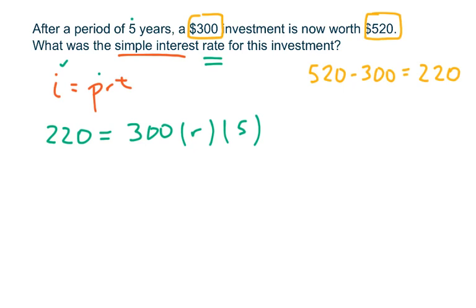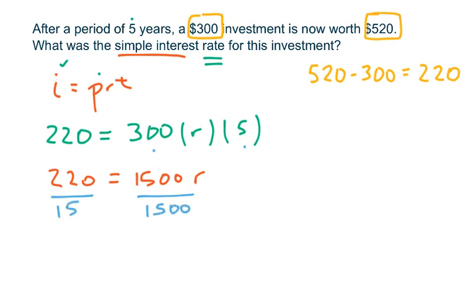The first thing I'll do here is simplify on the right hand side by multiplying the 300 by the 5, and I'll have 220 is equal to 1,500 times r. I'm one step closer to having this solved for r. The next thing I need to do is I got to try to get that r by itself, so I am going to divide both sides by 1,500.